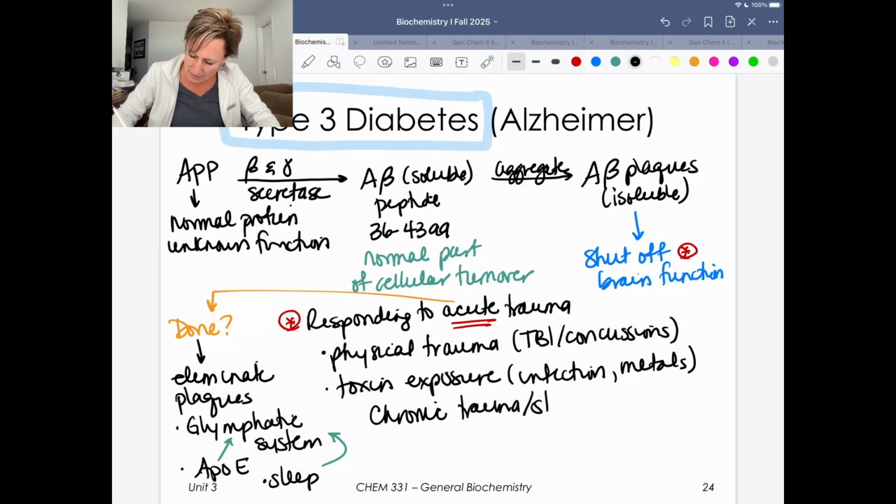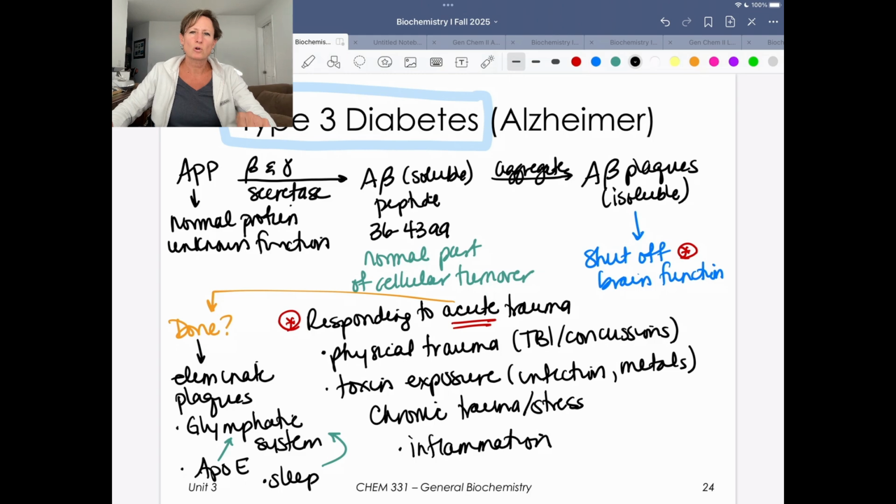trauma and stress, okay? Inflammation is again meant to be short-term in your body, but if you have chronic inflammation, that's going to be a problem, okay? Here's how this ties into the diabetes thing, okay? Inflammation will happen if you have elevated levels of glucose, okay?